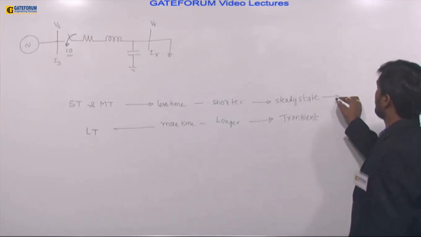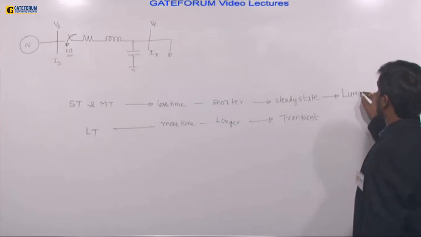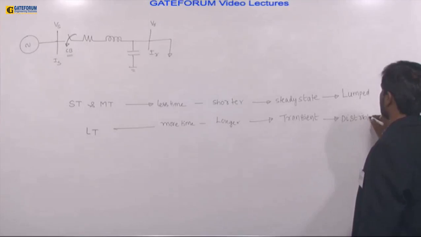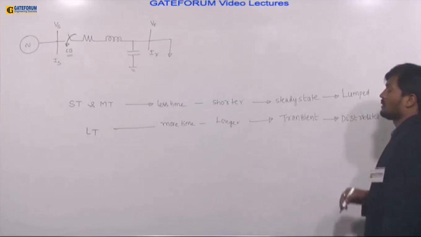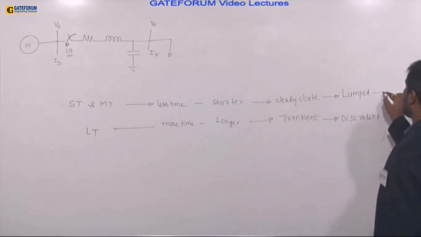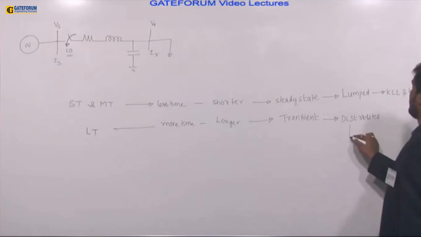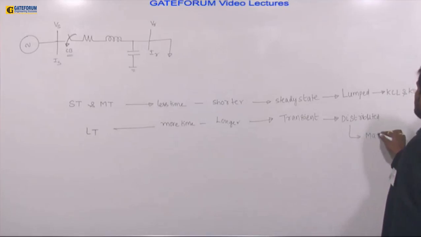For steady state behavior, elements are represented in a lumped manner. For transient behavior, elements are represented in a distributed manner. For lumped elements, we apply KCL and KVL. For distributed elements, we apply mathematical modeling.